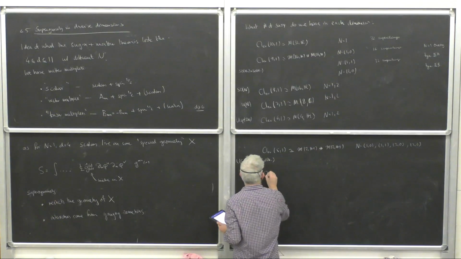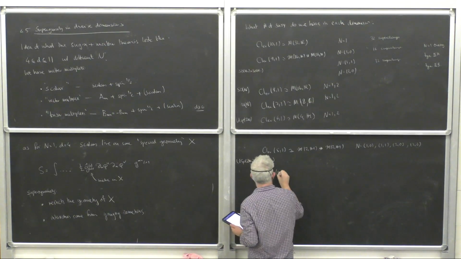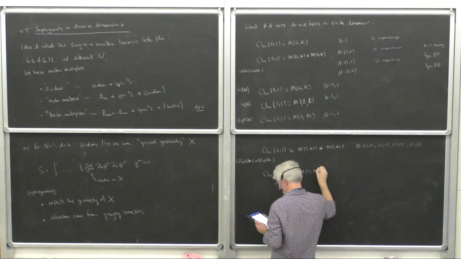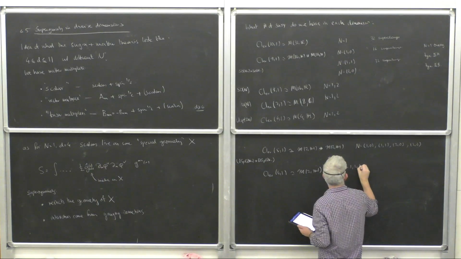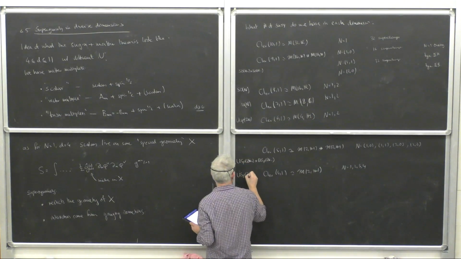And then if we go to 4-1, this is M2H, and I have n is 1, 2, 3, 4. And the symmetry group is USp(2n).